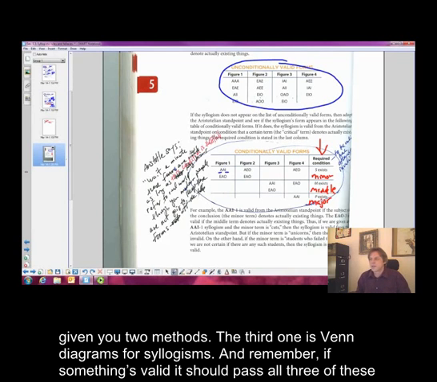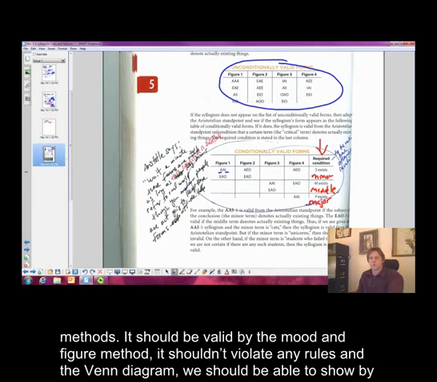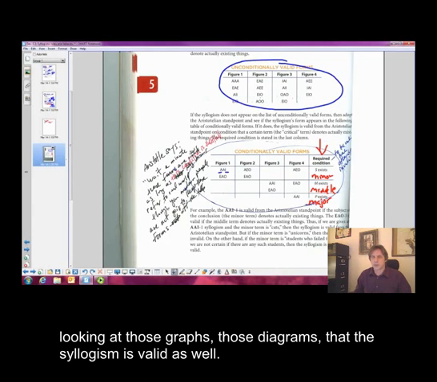The 3rd one is Venn diagrams for syllogisms. And remember, if something's valid, it should pass all three of these methods. It should be valid by the mood and figure method, it shouldn't violate any rules, and the Venn diagram we should be able to show by looking at those graphs, those diagrams, that the syllogism is valid as well.